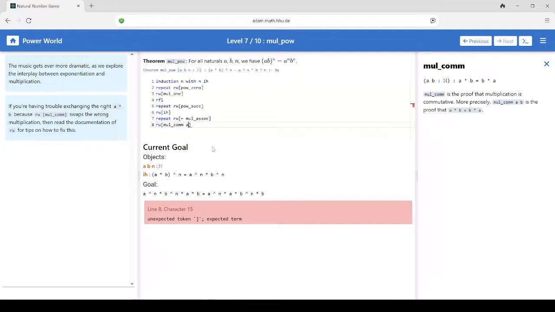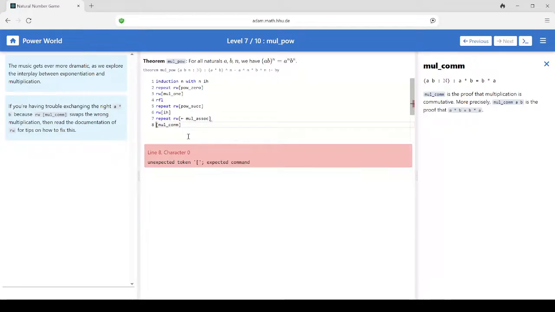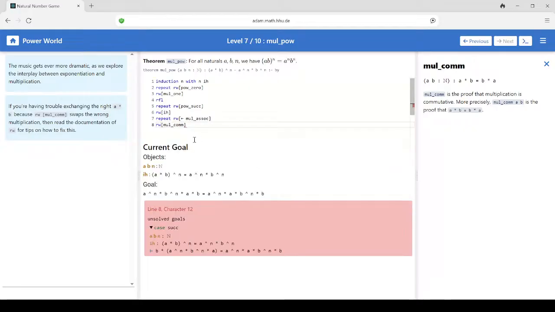No, that's not. Unless. No, it doesn't like that. b at the beginning.